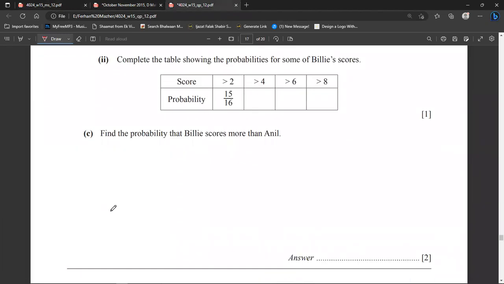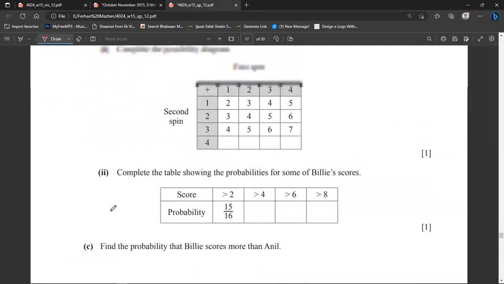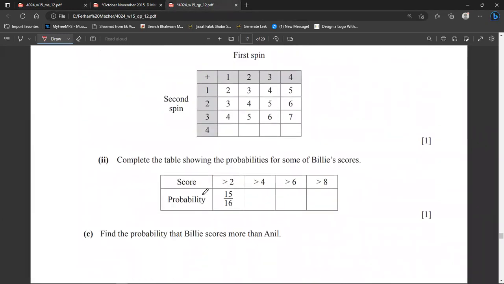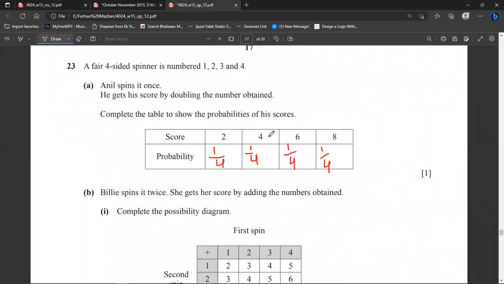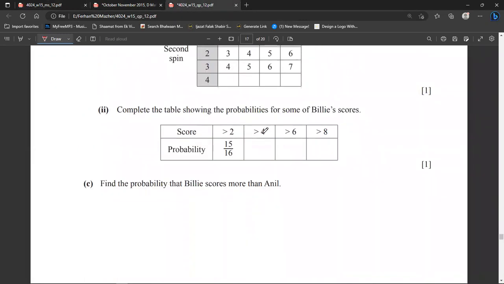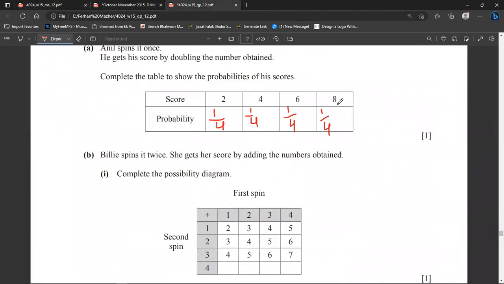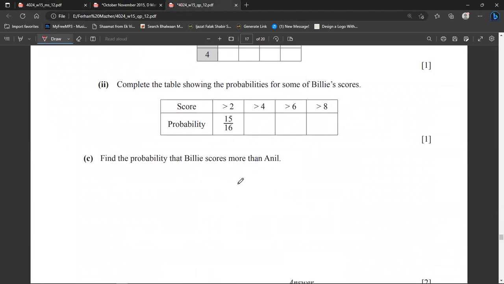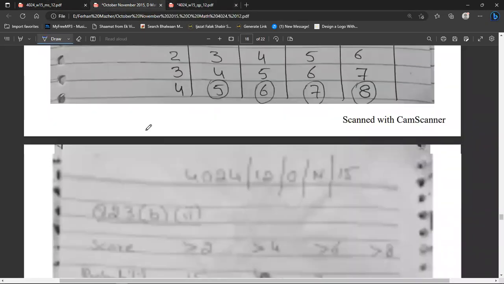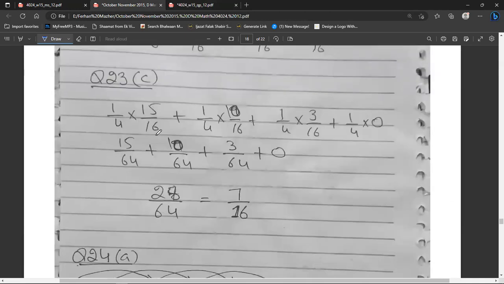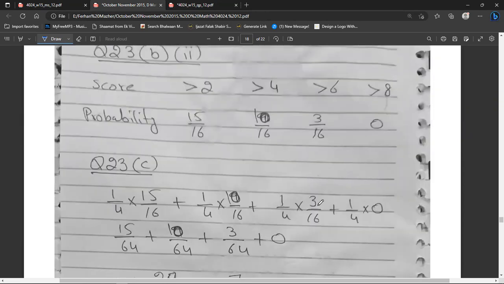Then he says find the probability that Billy scores more than Anil. If Anil scores 2, Billy should score more than 2. If he scores 4, he should score more than 4. If he scores 6, he should score more than 6. If he scores 8, he is supposed to score more than 8. So the probability will be 1/4 into 15 by 16 plus 1/4 into 10 by 16 plus 1/4 into 3 by 16 plus 1/4 into 0.